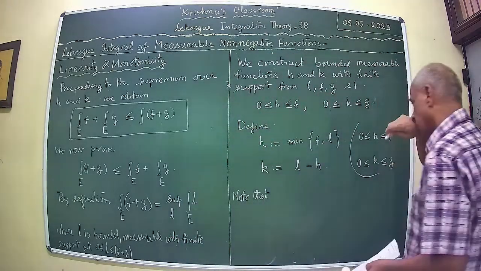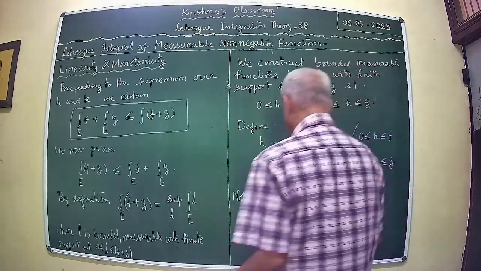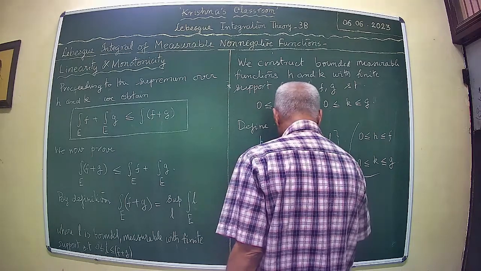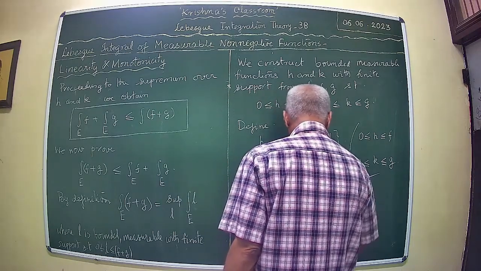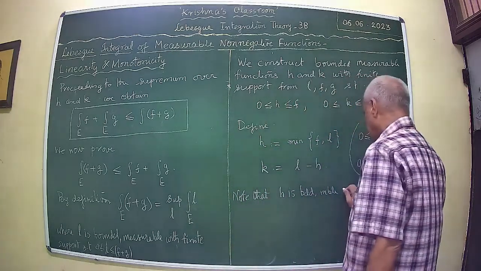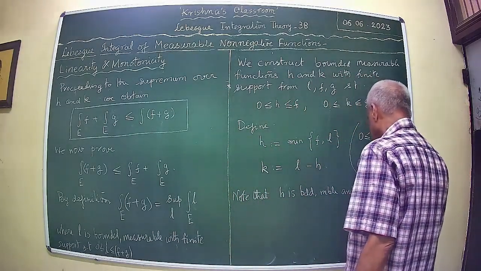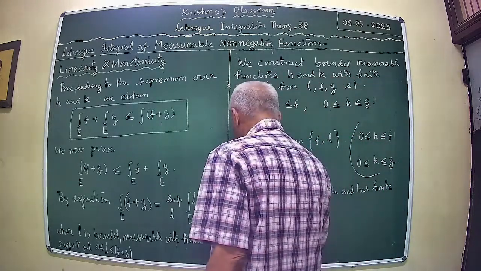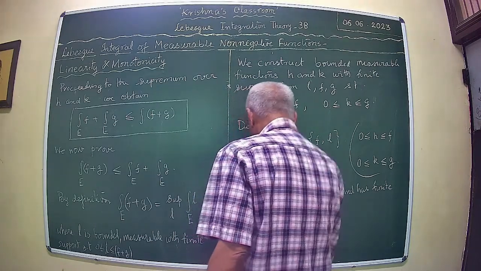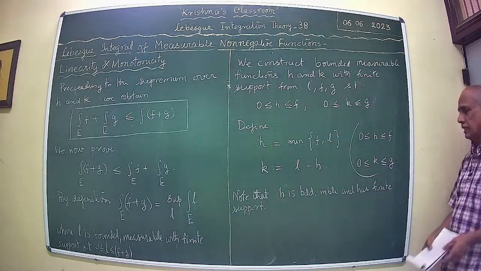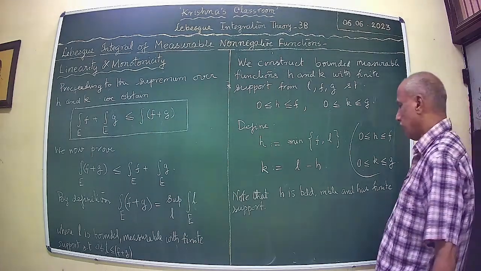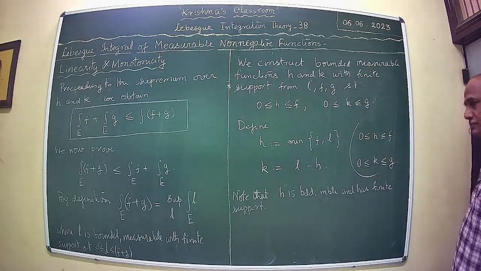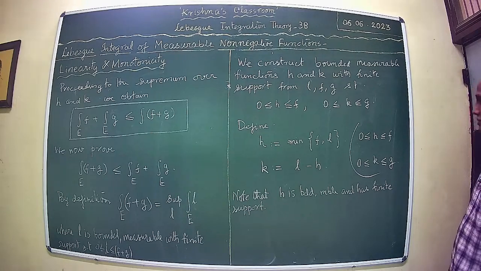Note that h is bounded, measurable, and the set on which h is not equal to 0 may be as large as the support of L. It's not bigger.